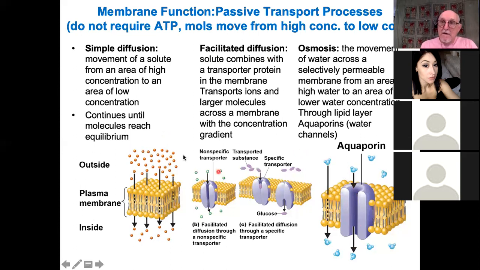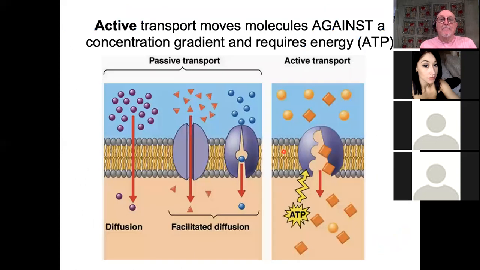All of these are diffusive processes, and they are passive. They are passive transport processes for the reason that we do not have to put in any extra energy. It's all provided by the concentration gradient. What we talked about, they're actually making it easier.